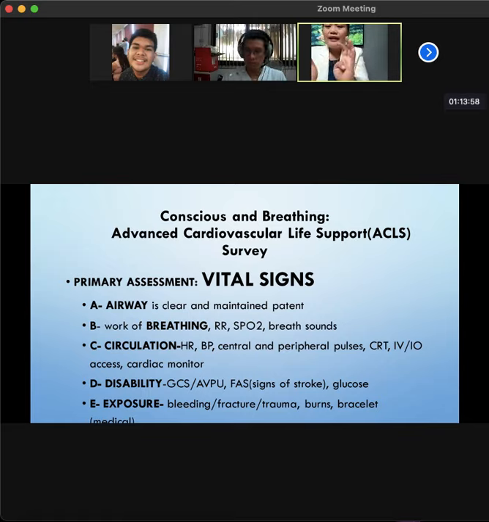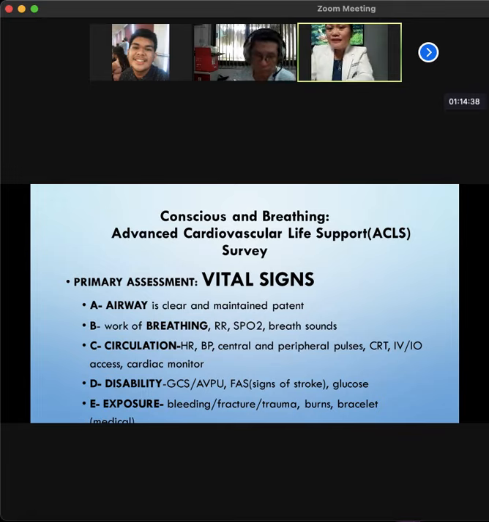Okay? And then, for you to give fluids or any drugs, you have to insert your IV or intraosseous line. Okay? And then, when the monitors are coming through, you can opt to hook the patient to cardiac monitor. Okay? For the D, you have to check for the disability of your patient through your Glasgow Coma Scale and your AVPU, alertness, verbal, pain, and unresponsive.